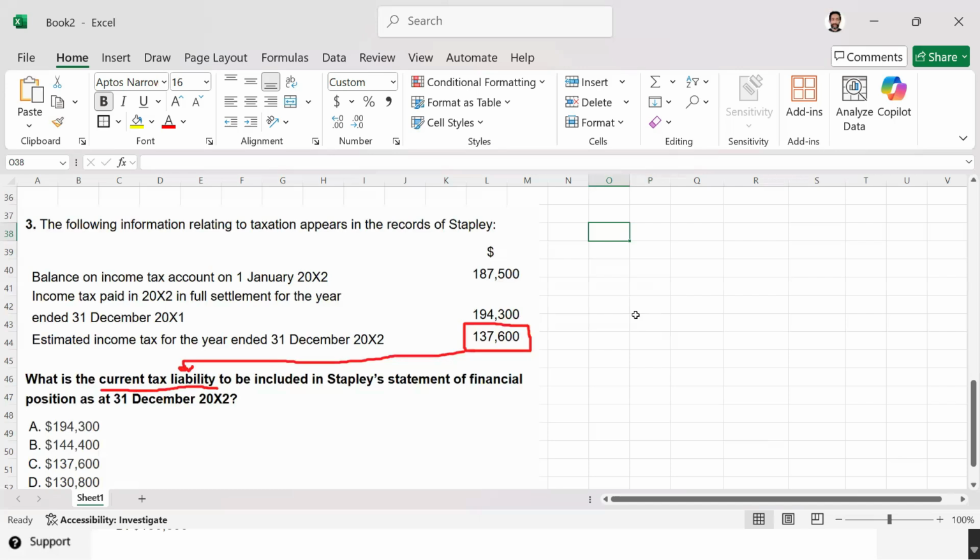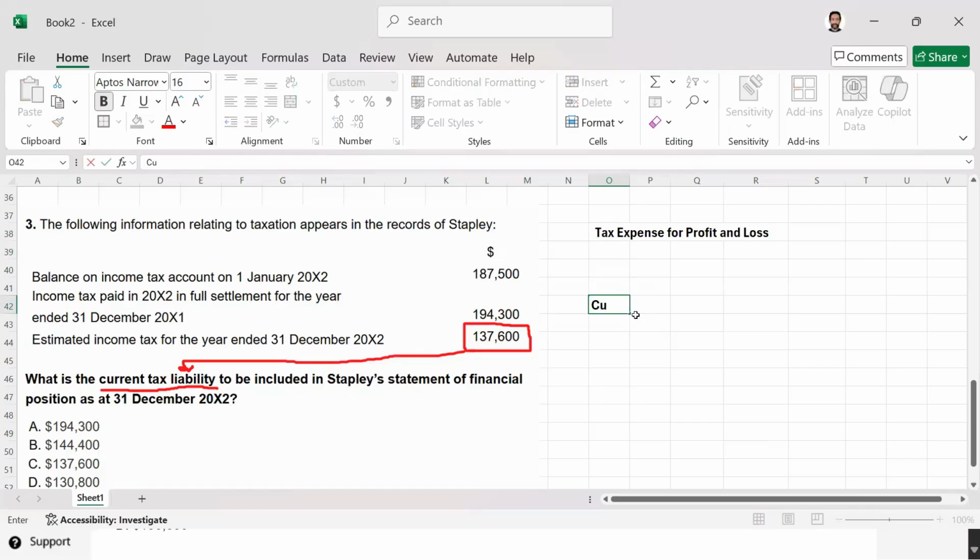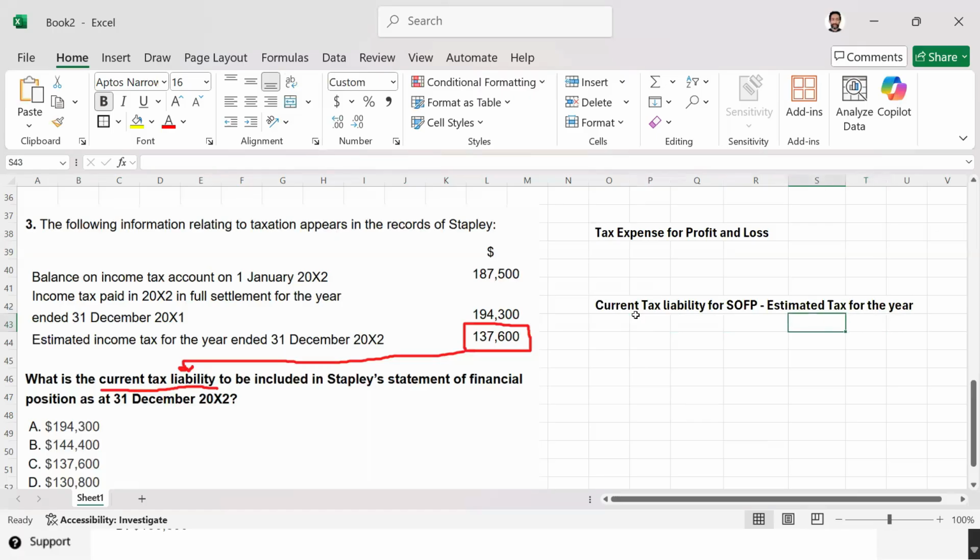So one thing is that the tax expense for profit and loss needs to be calculated, and the current tax liabilities for the statement of financial position is very simply the estimated tax for the year. The estimated tax for the year is 137,600. Okay, that is your answer.